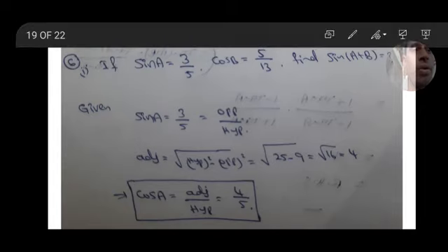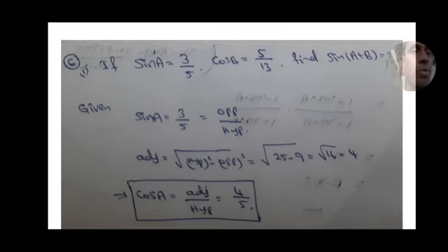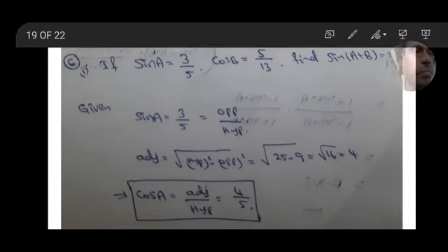Next, if sin a equal to 3 by 5 and cos b equal to 5 by 13, then find sin of a plus b. Here sin a equal to 3 by 5, that is opposite side by hypotenuse.